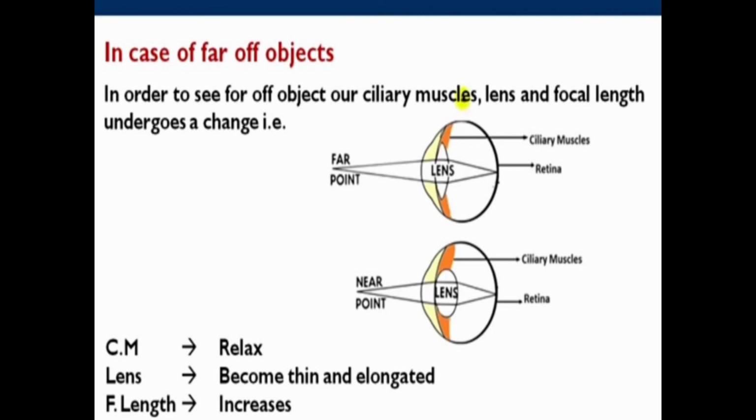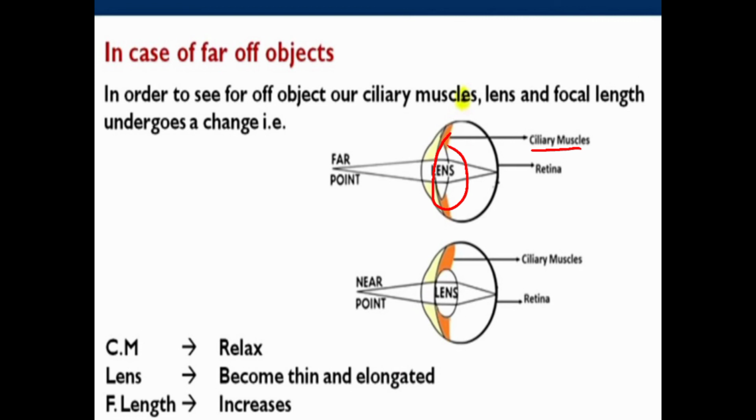The ciliary muscles present here will relax, so the lens will become thin and elongated. As we can see here, the lens becomes thin and long, and that's why the focal length increases, and through that we can see the far off objects.